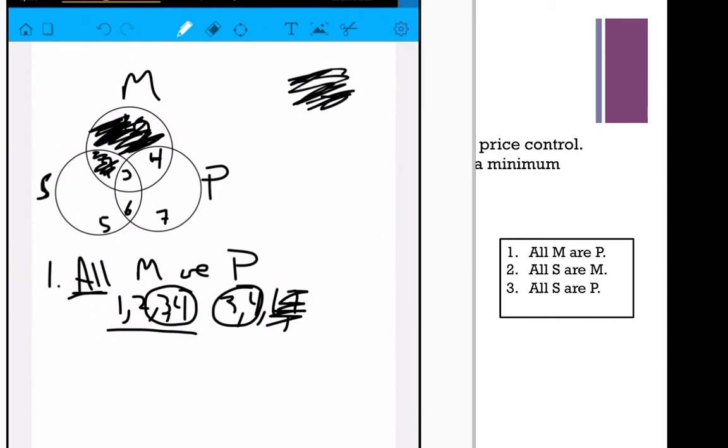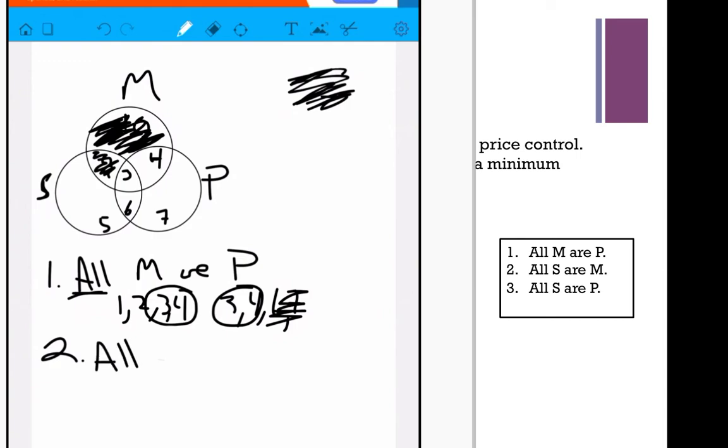If this had been a no, we'd shade in the regions we circled right here. But since it's an all, we shade in the regions we didn't circle. That's the way it always works. So if that helps you, sorry it's taken me so long to put it that way, but hopefully at this point you're getting the swing of this.